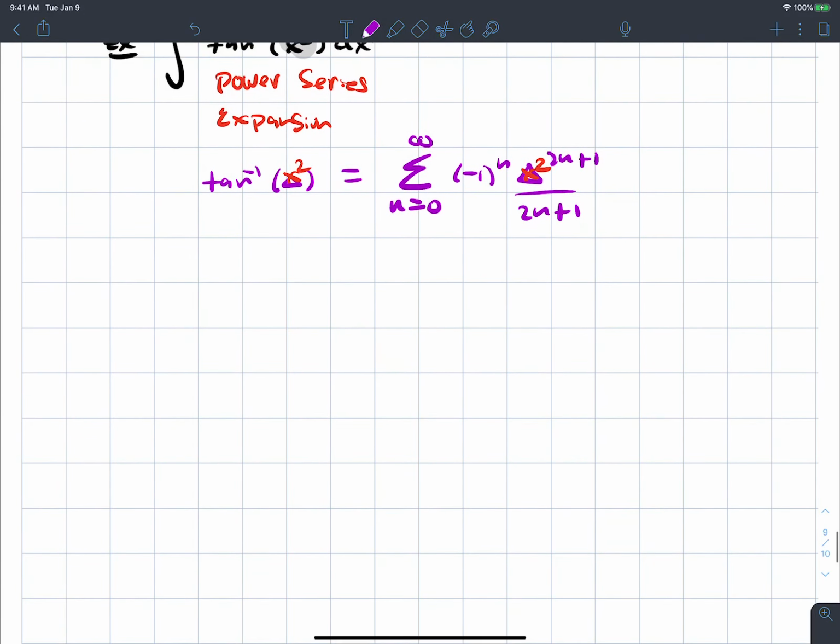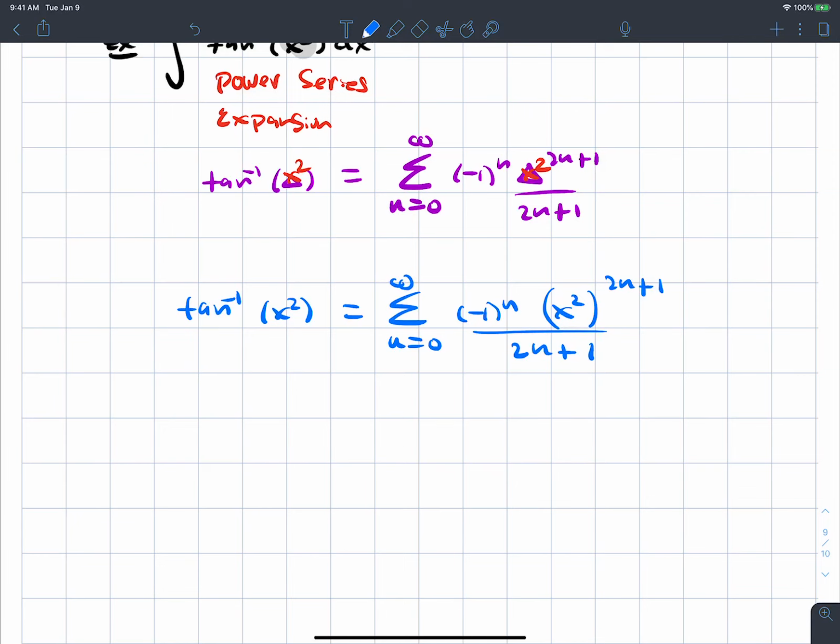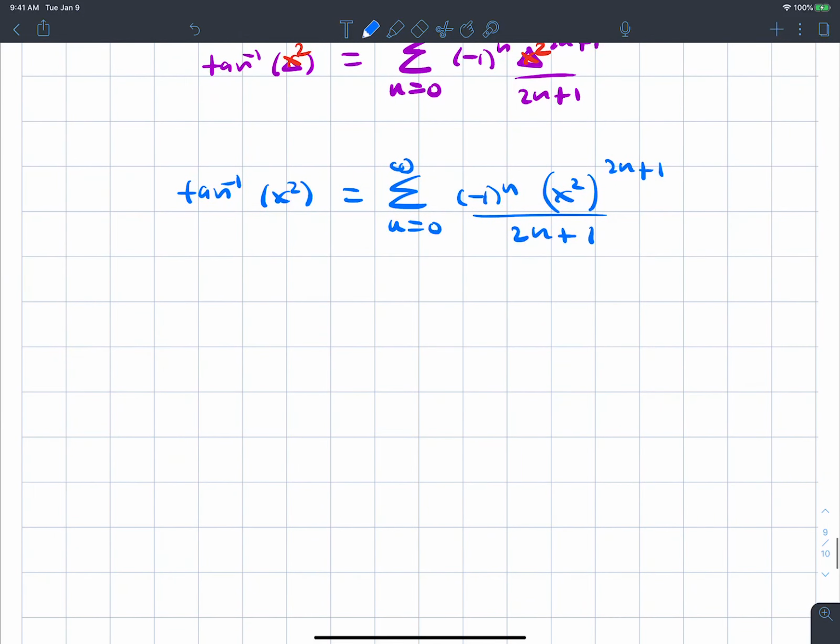So here's what we get. And just doing a little bit of algebra, I get x to the 4n plus 2 now. So let me go back here. 4n plus 2, we're going to multiply.